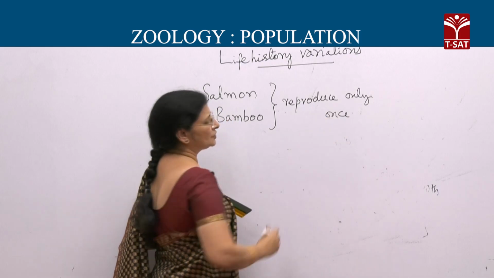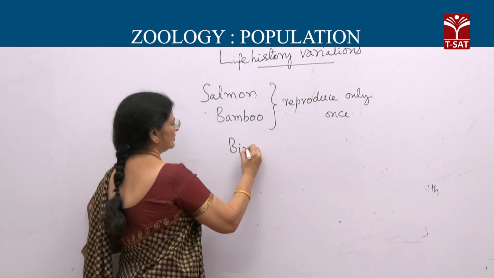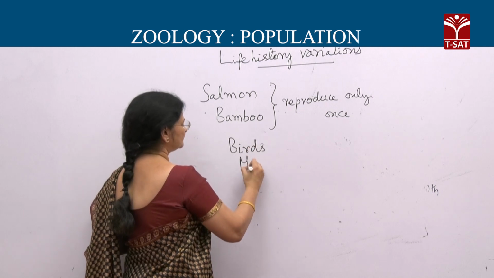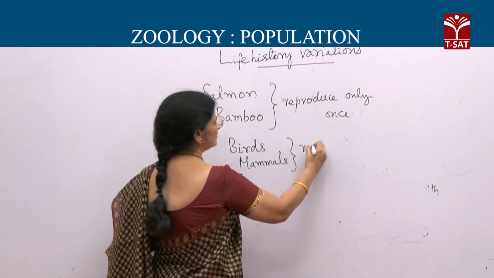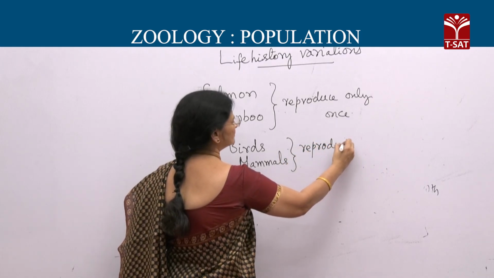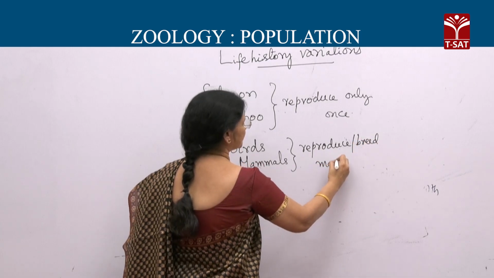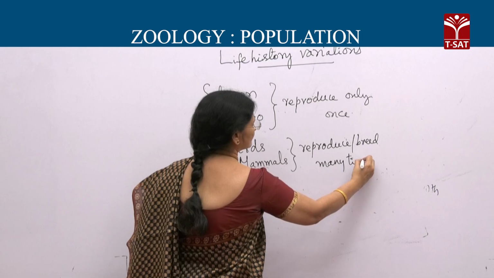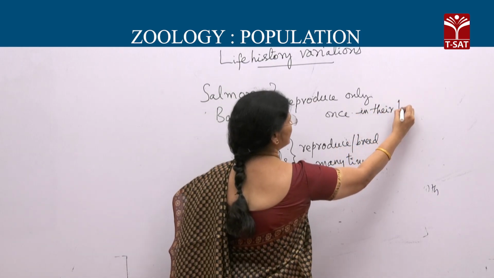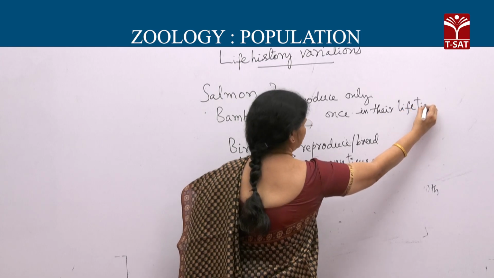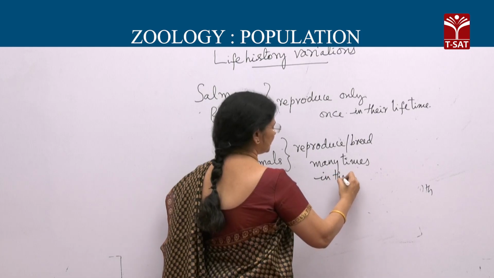But if you take animals like birds and mammals, they reproduce or breed many times in their lifetime.